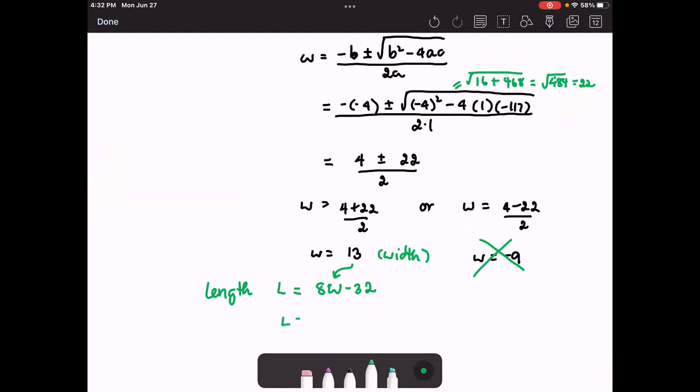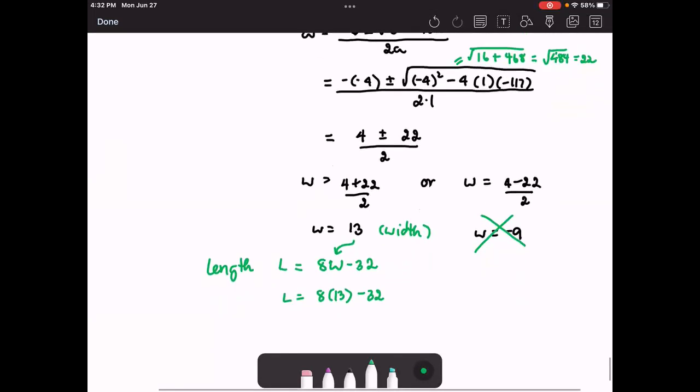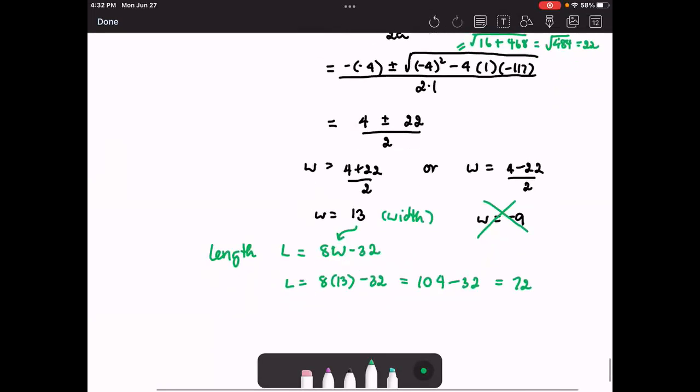That means the length is 8 multiplied by 13 minus 32. Simplifying, that is 104 minus 32, which turns out to be 72. At this step, we obtain the solution that the length of the rectangle is 72 yards.